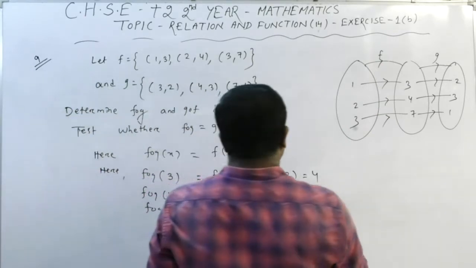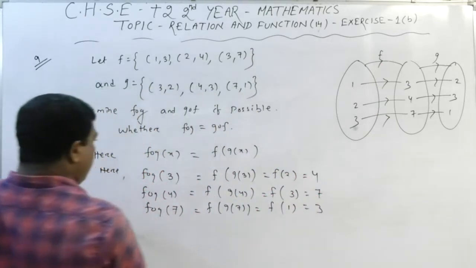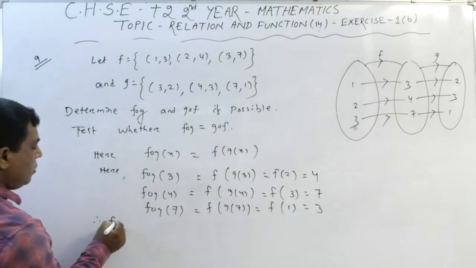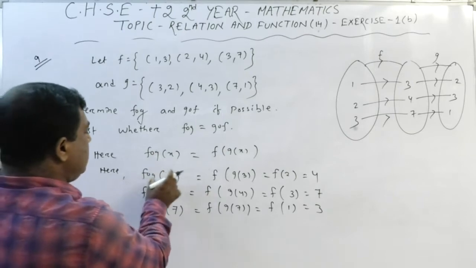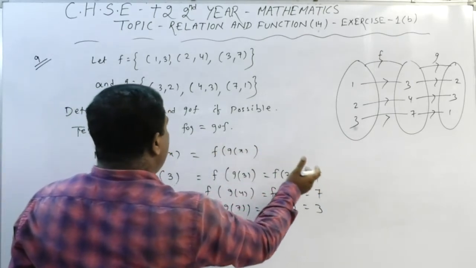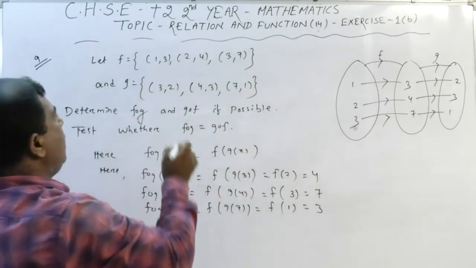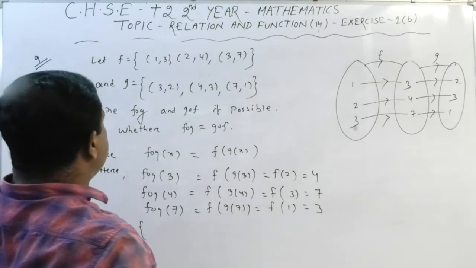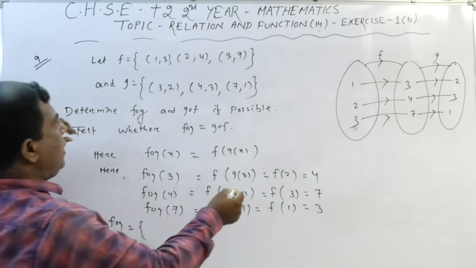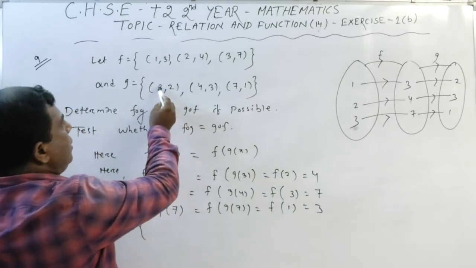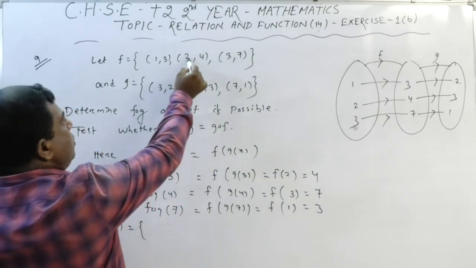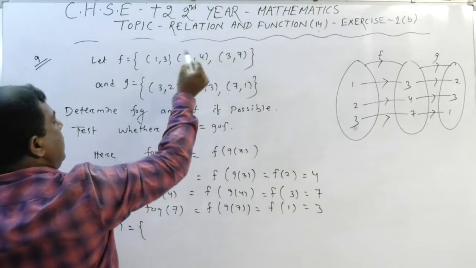Therefore, we can write fog through the composition of f and g. 3 is converting to 4, which you can see from the composition: g is initially applied, 3 converts to 2, 2 converts to 4, so 3 directly converts to 4.